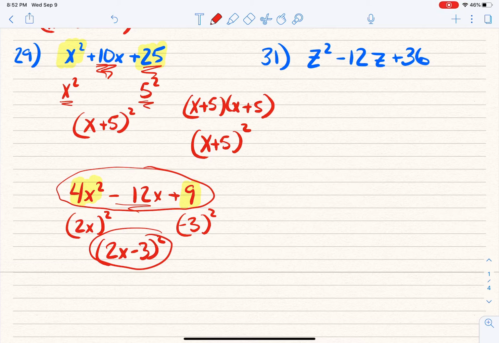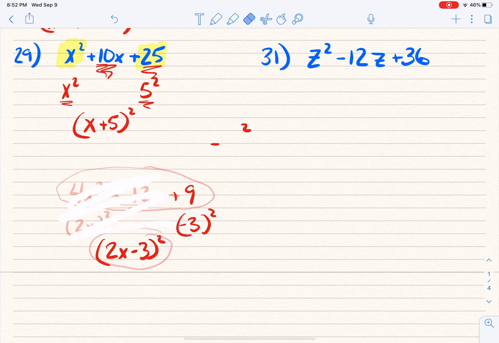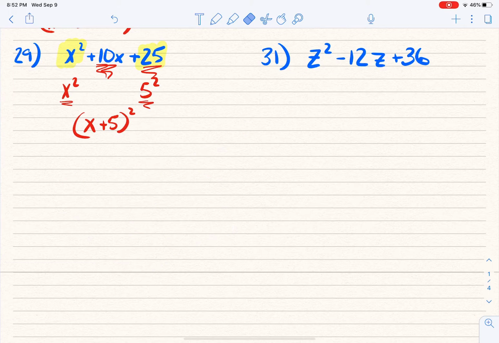All right. Well, let's look at these other ones. Okay. All right, so we're looking at number 31. Again, perfect square. All right, this is something squared. This is something squared. This would be z being squared. This is 6 being squared, or it could be a negative 6. And negative 6 times z doubled is negative 12.